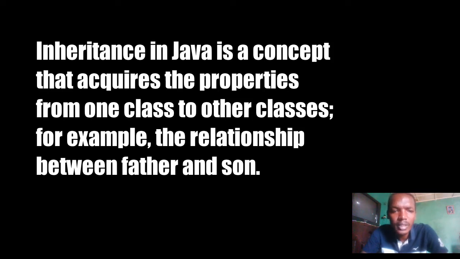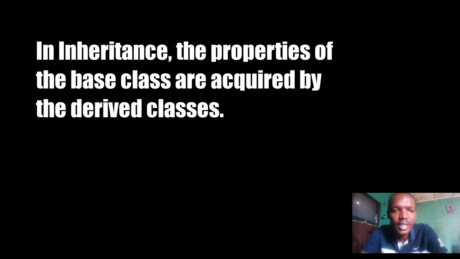For the above example, the father is the superclass or parent class and the son is the subclass or child class. In inheritance, the properties of the base class are acquired by the derived class.